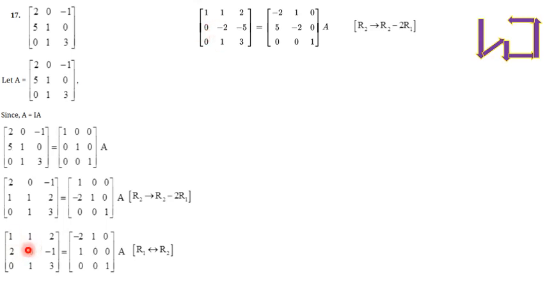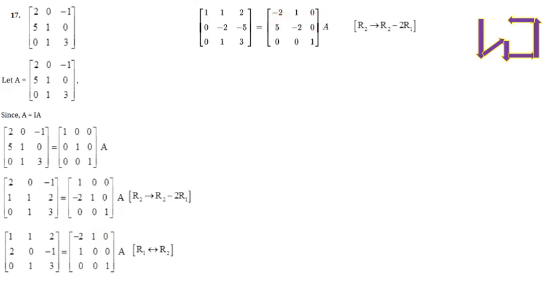Next is 0 minus 2 into 1, that is minus 2. Next is minus 1 minus 2 into 2, that is minus 1 minus 4, that becomes minus 5. Then R3 remains the same, 0, 1, 3. And on the right side, R1 is the same, minus 2, 1, 0.